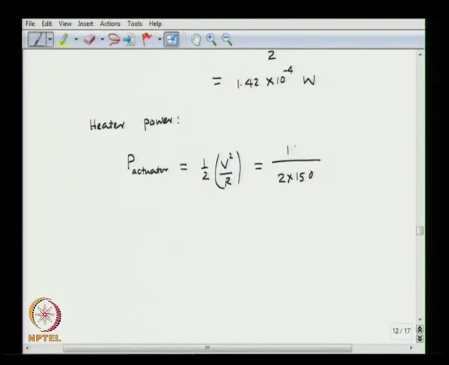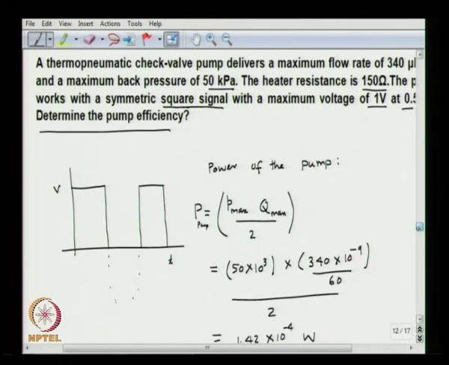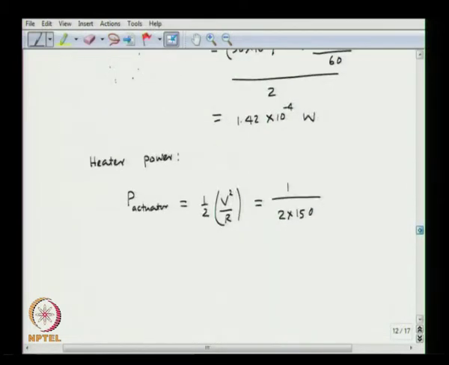So, V is 1 volt here, and R is 150 ohm. So, this is going to be 3 into 10 to the power minus 3 watt.